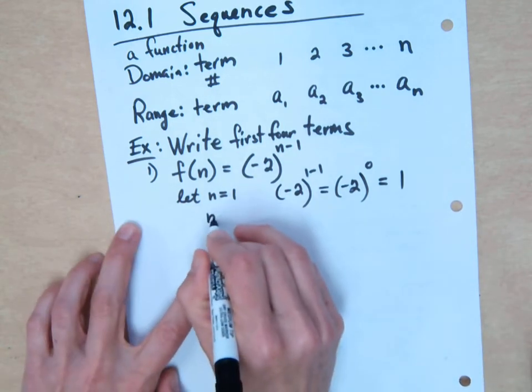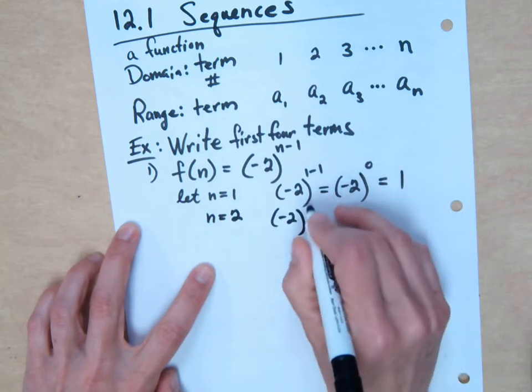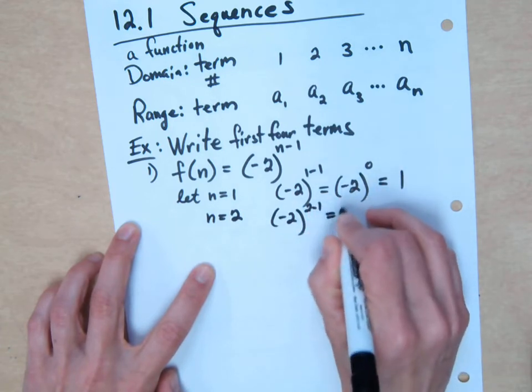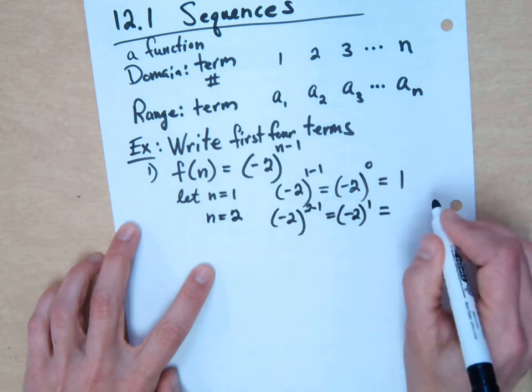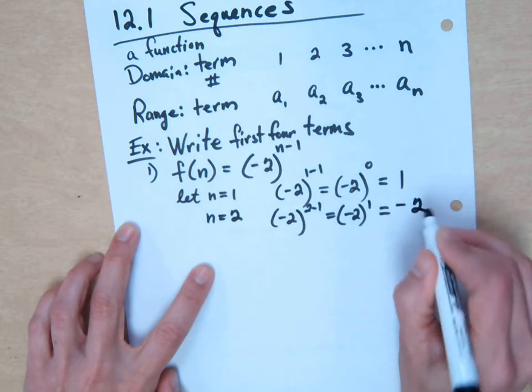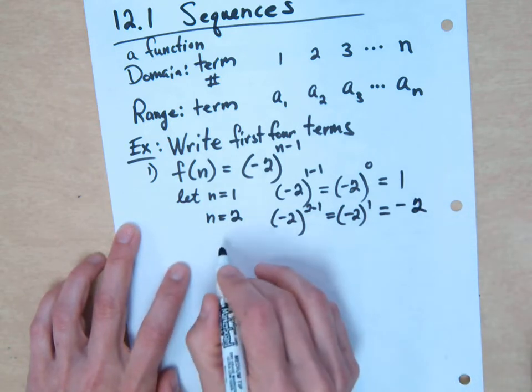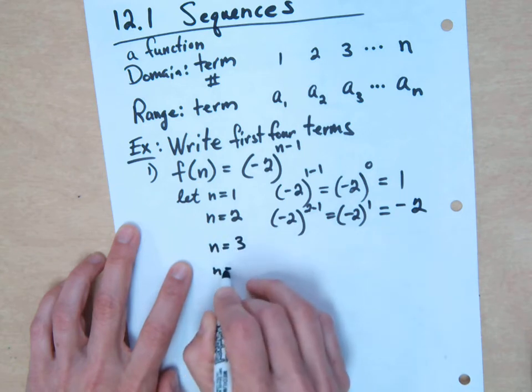Then we just repeat this pattern. If n is 2, you get -2 to the 2 minus 1 power, which is -2 to the 1 power, which is simply -2. And then we do the same for n is 3 and n is 4.